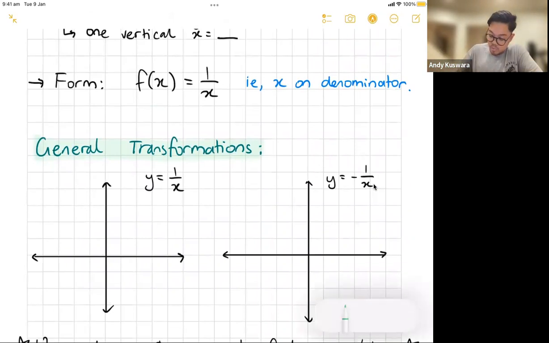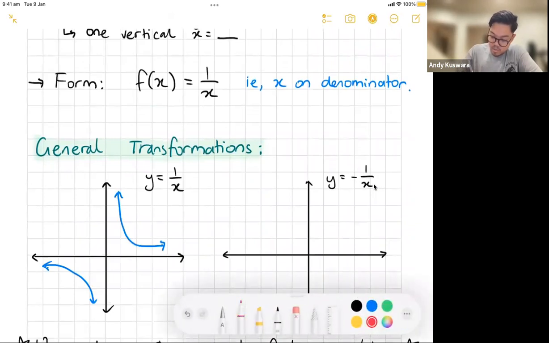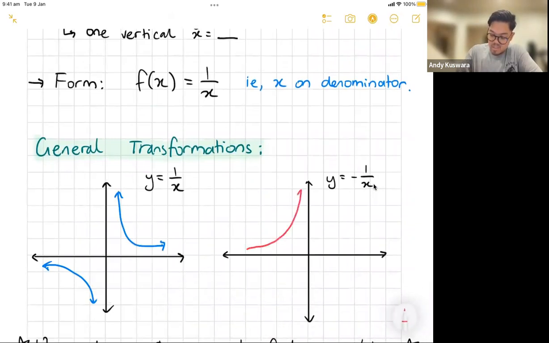So if I have y equals 1 on x, it's going to look like this guy, like we talked about before, and it's going to look like this guy there. If it was negative, as we talked about briefly before, it's just going to end up in the other 2 quadrants of our graph. Now, try your best to not do what I did. Try to draw them so they kind of approach, but they don't ever really touch the axes.